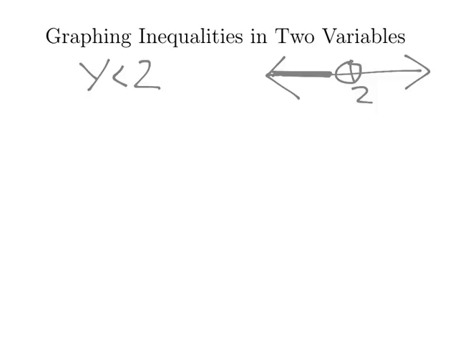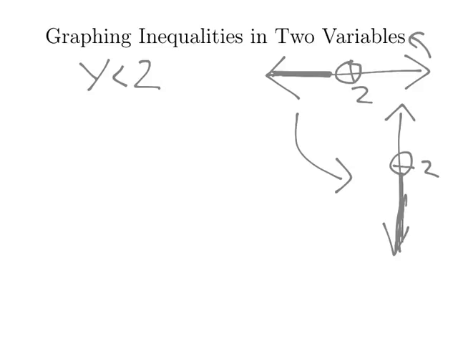What if we turn this number line on its side, or vertically, however you want to think of it? It would look like this. And at 2, y is less than 2, so it's going to be below 2. So that's what y is less than 2 kind of looks like, but that's not exactly right.